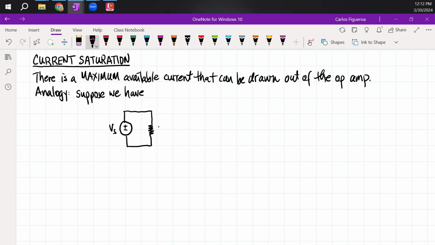In this case, we're just going to say that our load resistor is then going to be a variable resistor. So we can change it to whatever value we'd like. So what we're going to do is measure this current here. When I measure this current, this is going to be the current of the resistor here.